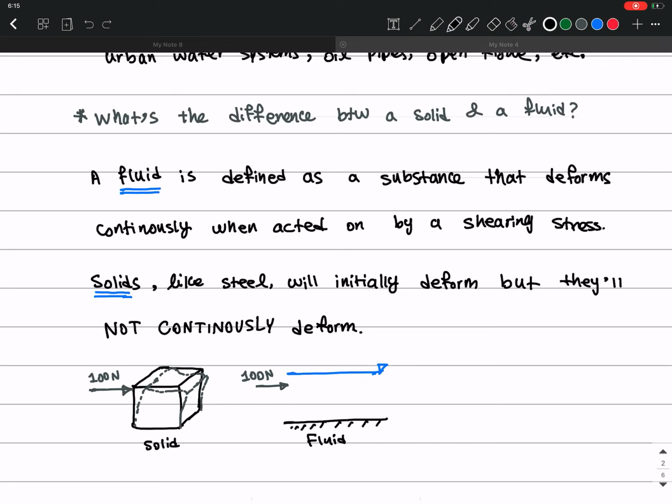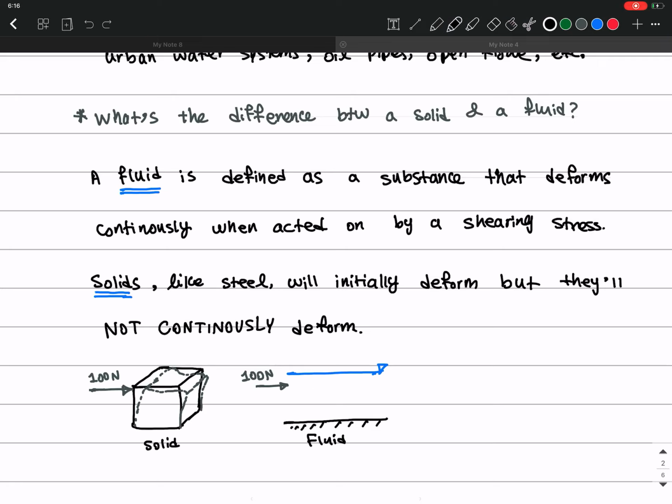It will not stop. It will continuously deform because the molecules in fluids, unlike solids, are not stuck together that strongly. So it will just continuously deform, and it will find a velocity.